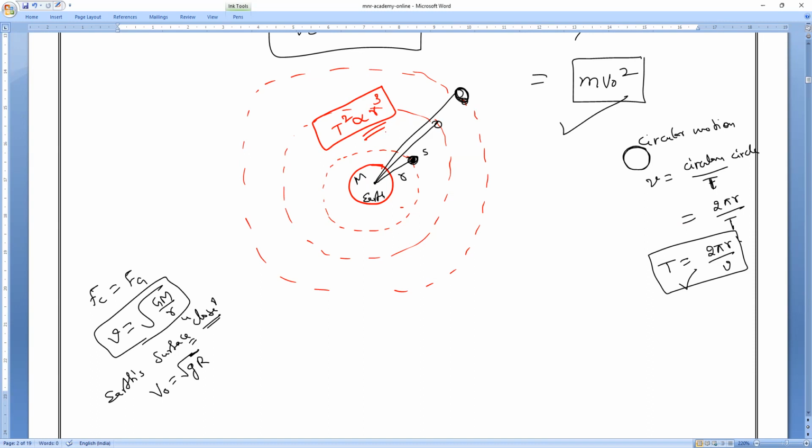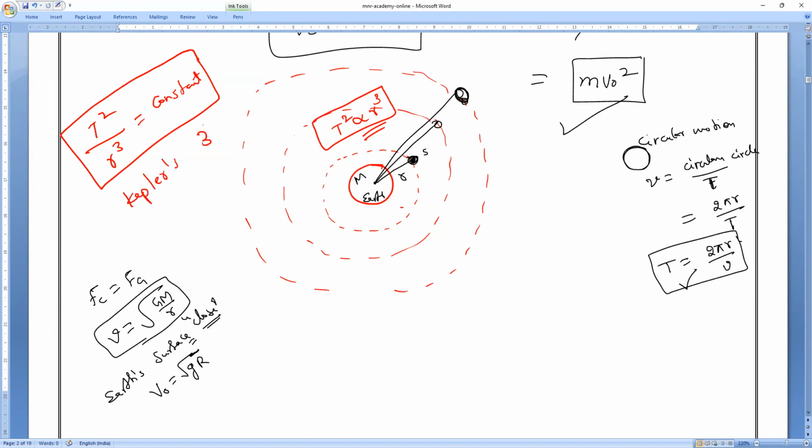If you take the square of the time period divided by the cube of the average radius between the sun and any planet, it always remains constant. That is what we call Kepler's third law. So let us see now how it is possible, and we are going to find it now.